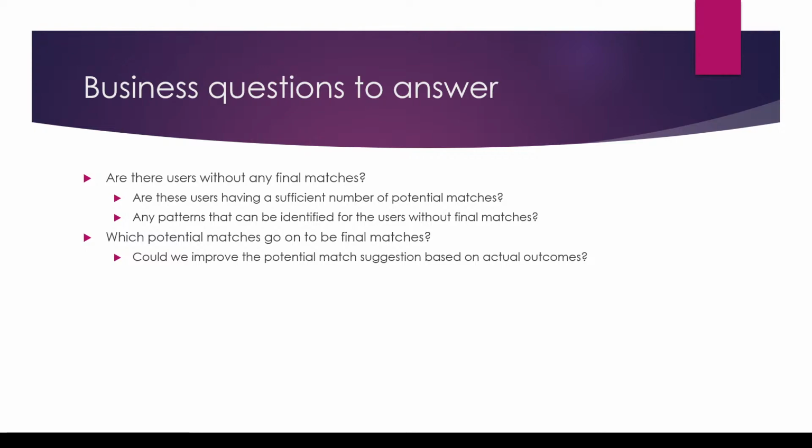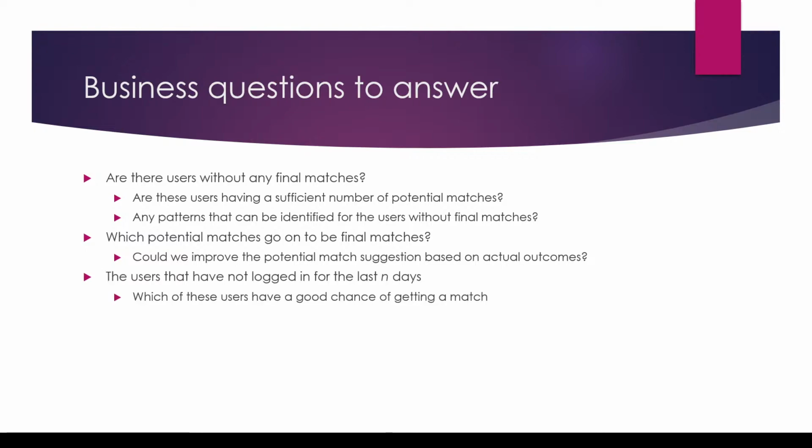But can we improve that? Is whatever suggestion we made actually working? That's one question. And can we improve that suggestion going forward? Those are questions the business would like to ask as well.